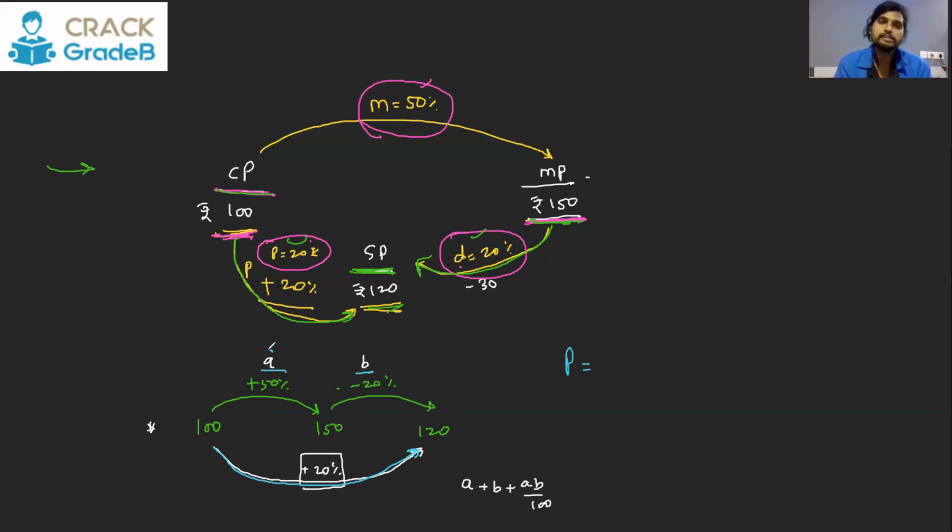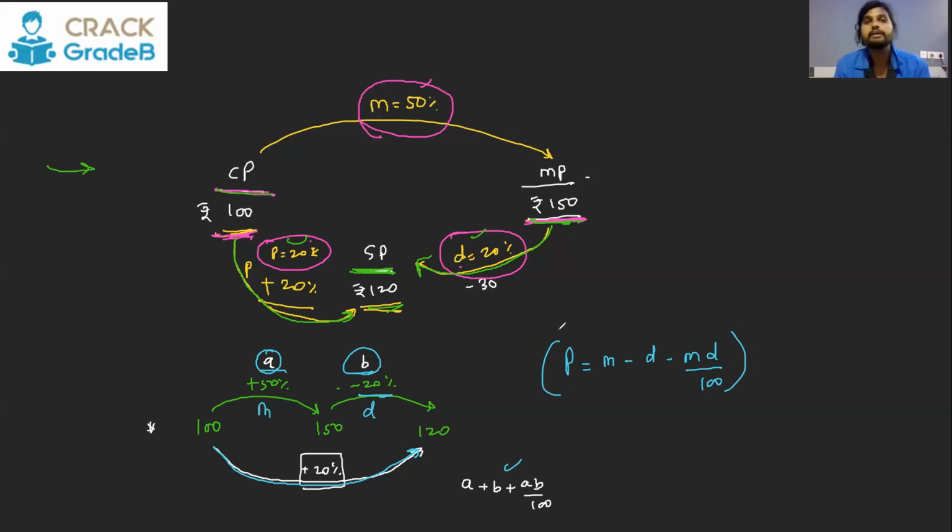But because this is the markup, which will always be positive, and this is the discount, which is always negative. Discount means always a percent decrease. So that is why we change this formula with the signs as well. So we write profit percent is equal to markup minus discount minus markup into discount upon 100.